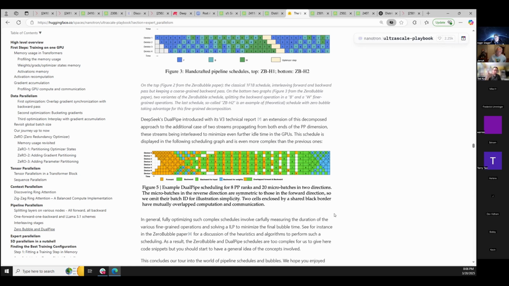And if you guys remember from the DeepSeek paper when we talked about it, it turned out that I think they had a bunch, I don't remember which way they had to tune it, but basically they had a bunch of bubbles because they were waiting for communication. The communication was too slow compared to the computation.